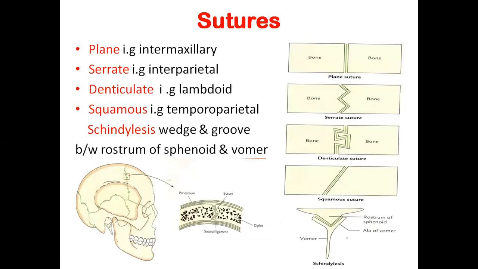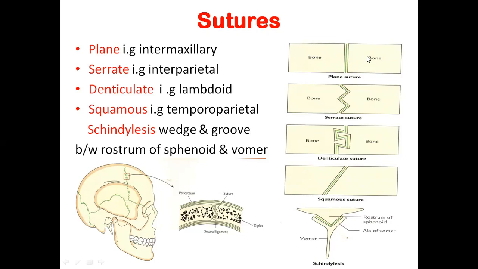Sutures. The sutures, again, are classified into plain sutures, serrated sutures, denticulate sutures, squamous sutures, and scandilysis. In the plain suture, this image shows the plain suture, and it looks plain.